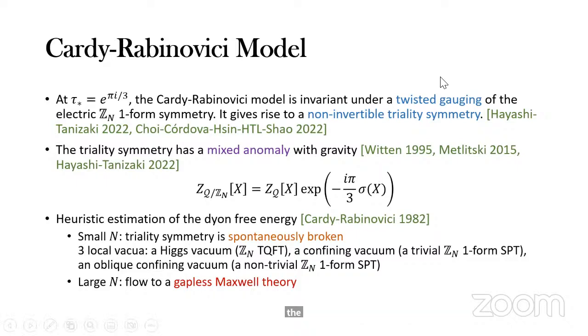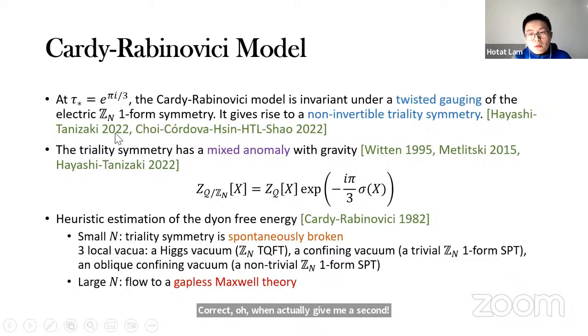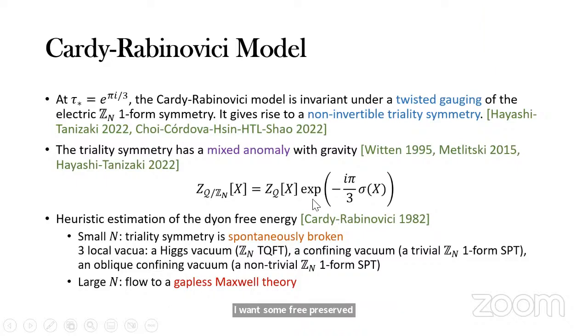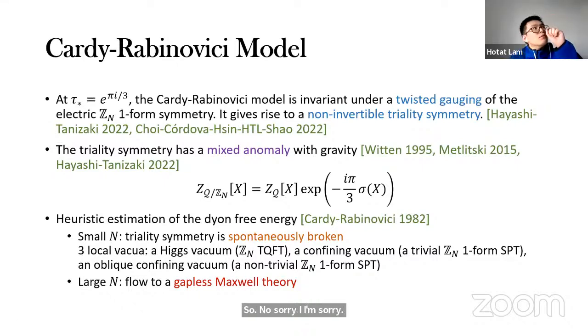There's no Wilson loop with an area law. Correct. Oh, wait, actually, give me a second. No, actually, I think it's fair to call it confinement because there's a ZN one-form symmetry, right? And that ZN one-form symmetry is preserved. Sorry, I said something wrong. No, I think I said something correct. There's a ZN one-form symmetry everywhere in the phase diagram.